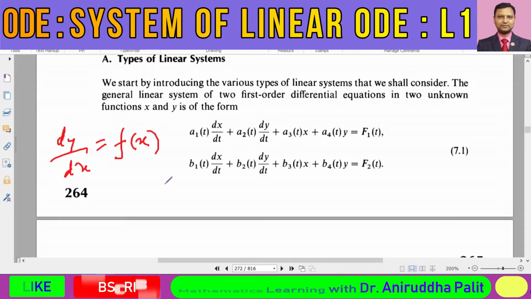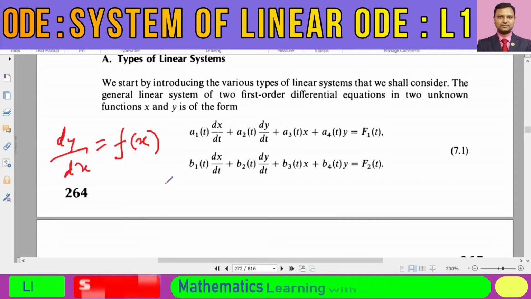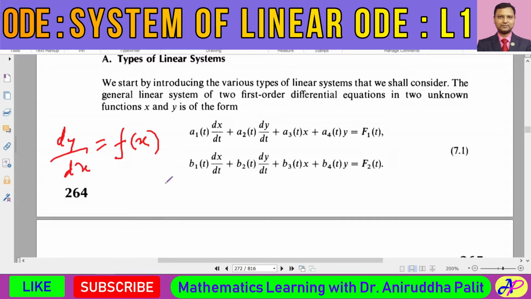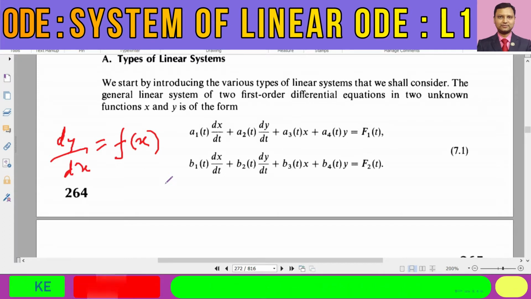So the differential equation is actually a relation involving a dependent variable, an independent variable, and their derivatives.